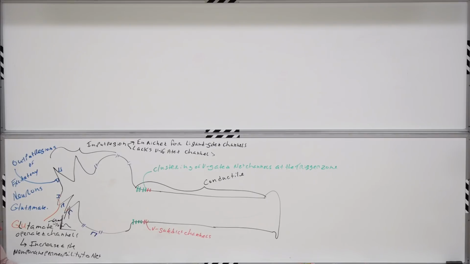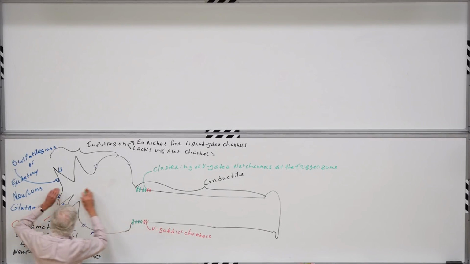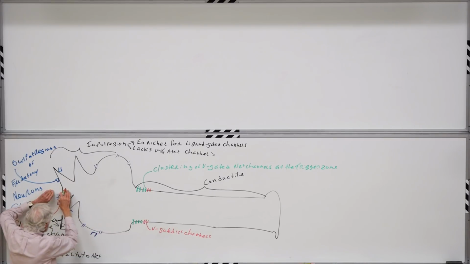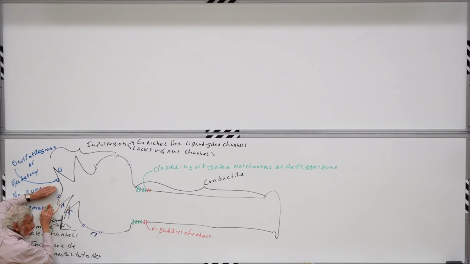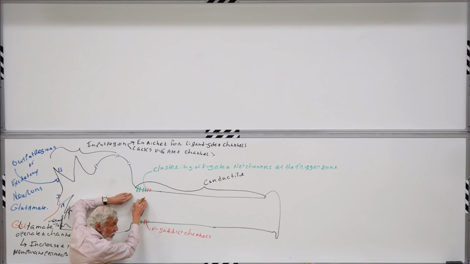But now what we want to think about is how do we manage to initially open these channels? How do we use these ligand-gated channels, which are allowing sodium to come in through those ionotropic channels? How do we use these guys to affect these guys?